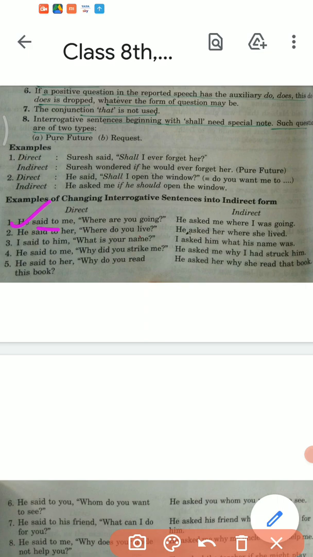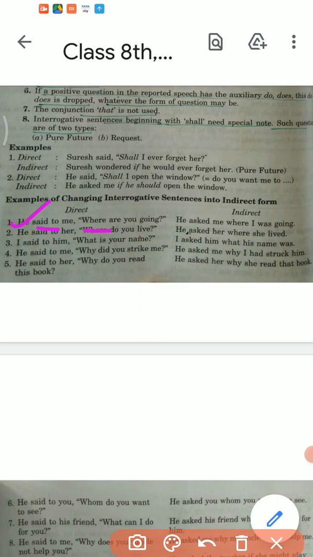We will keep where as it is in the indirect form also. He asked me where. Here are will come after the subject. You के बाद आपका subject के बाद आ जाएगा. Or you, which is your second person, will change according to me.